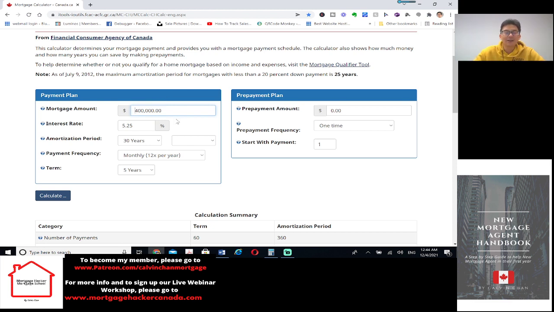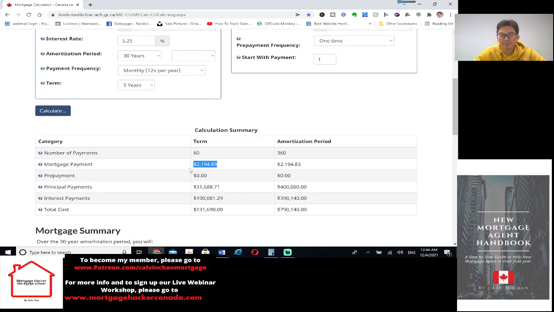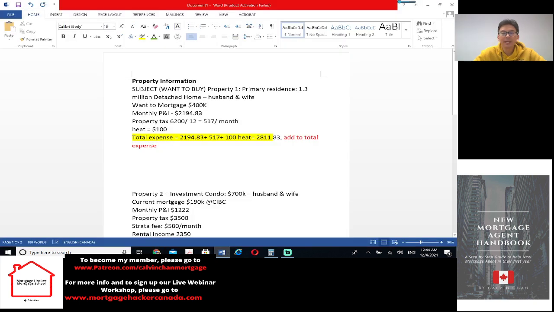So $400,000, interest rate 5.25 because of the stress test. We can use 30 years amortization because the down payment is more than 20%. So per month, the monthly payment would be $2,194.83, which is what I have here.